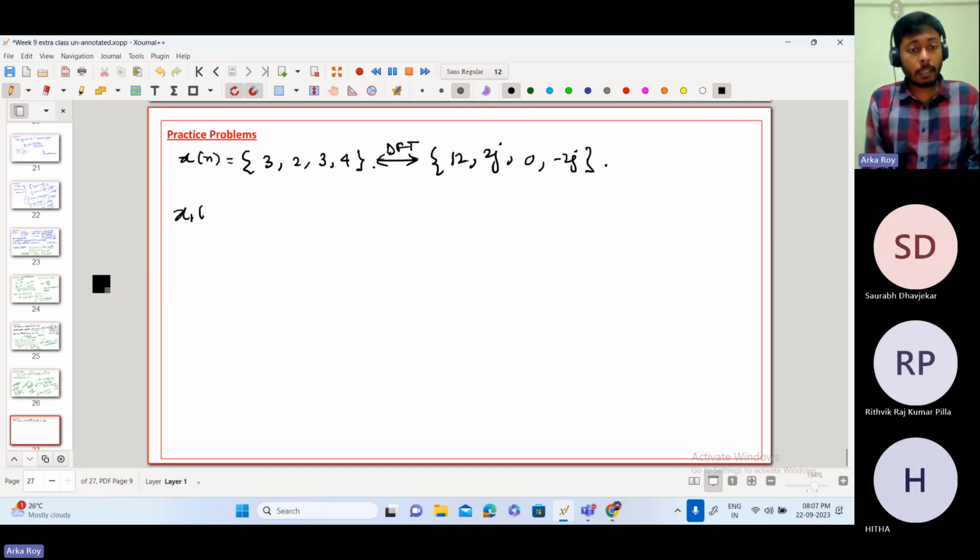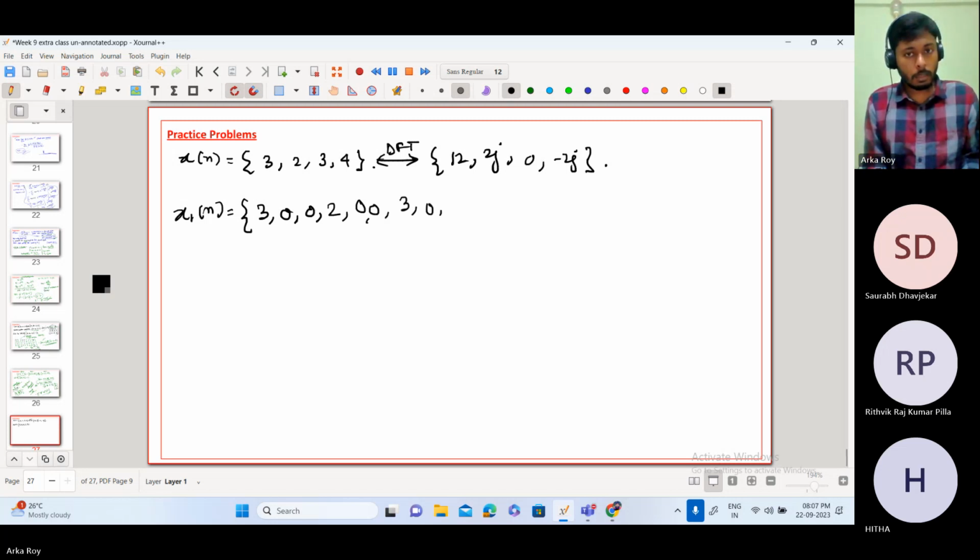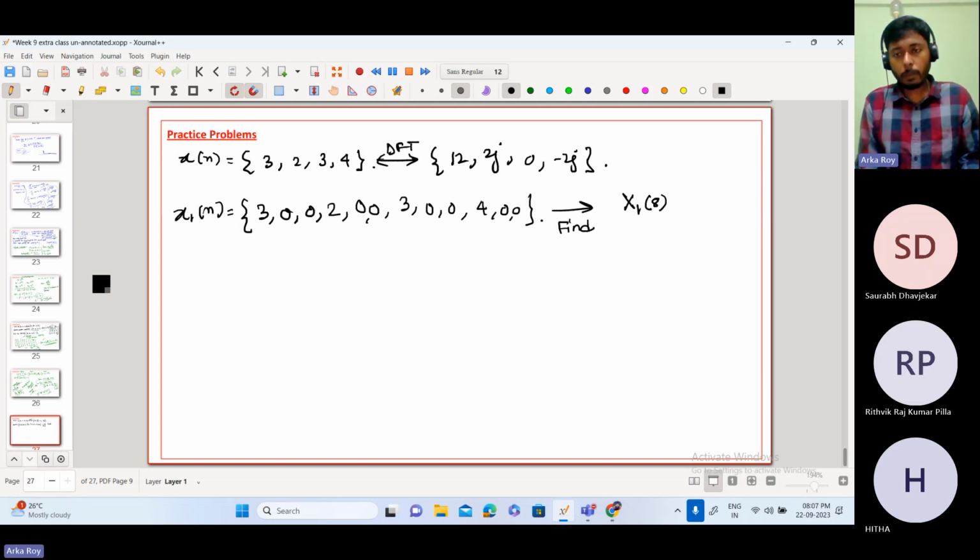Now we have been given another sequence: 3 0 0 2 0 0 3 0 0 4. Find x1 of 8. This means the DFT of x1 at k equals 8.